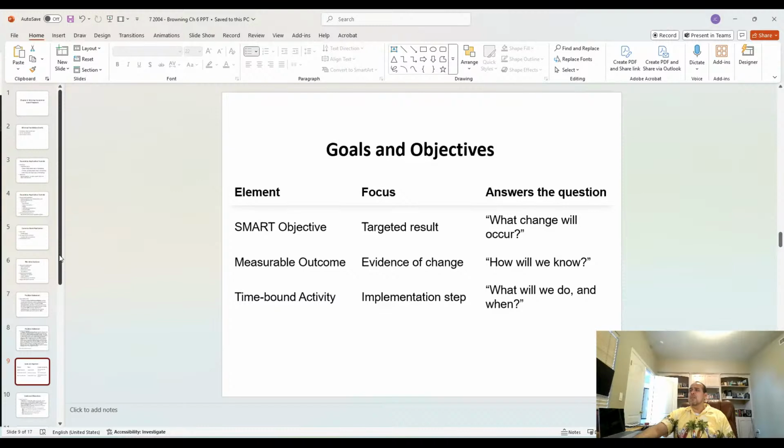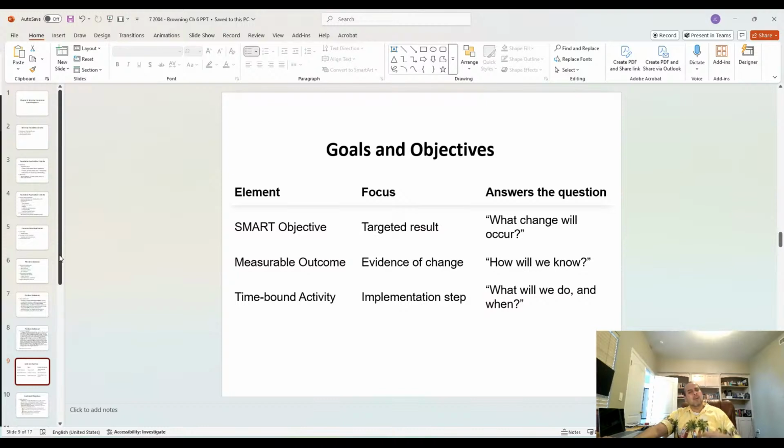Okay, so this is just an overview of the goals and objectives that we're going to be talking about. SMART objectives. You have a really targeted type of result, and you answer what change will occur. Okay, what change will occur after you get the money and you implement the program? You tell that in the SMART objectives. You have measurable outcomes, which is evidence of change. How will we know? What we're talking about here is evaluation at a basic level.